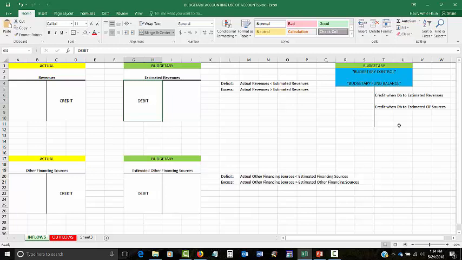Now, when we record these estimated revenues and the estimated other financing sources, we're going to do the journal entries like we have just discussed, but you also have to go in and debit the types of estimated revenues. We've talked about the classifications of revenues.